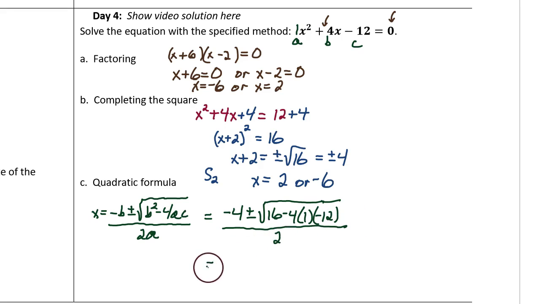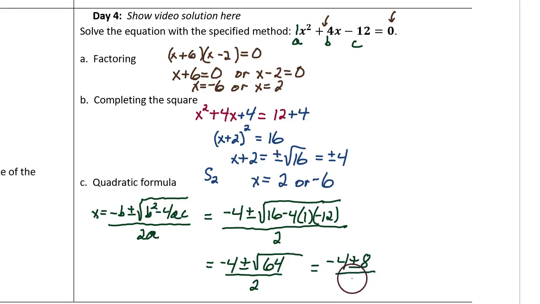Now let's continue on and work inside of the square root symbol. Negative 4 times 1 times negative 12 makes 48. And 16 plus 48 makes 64. And this is all over 2. But the square root of 64 makes 8.